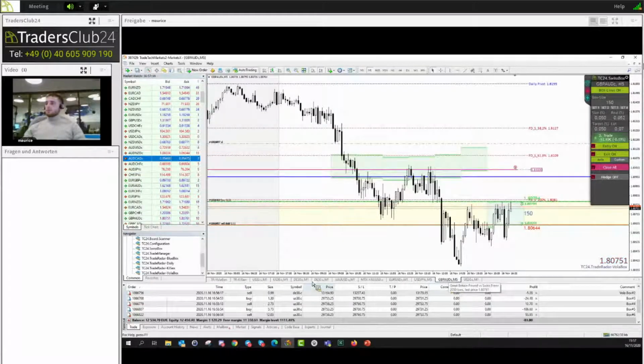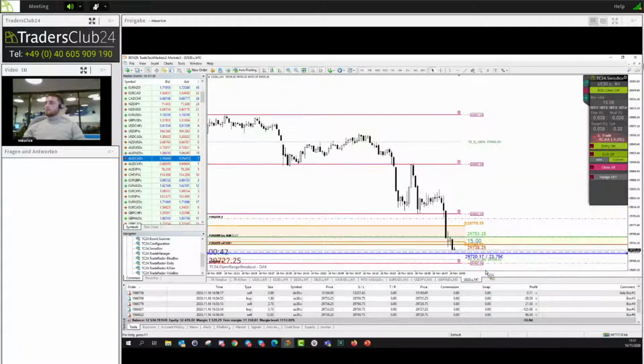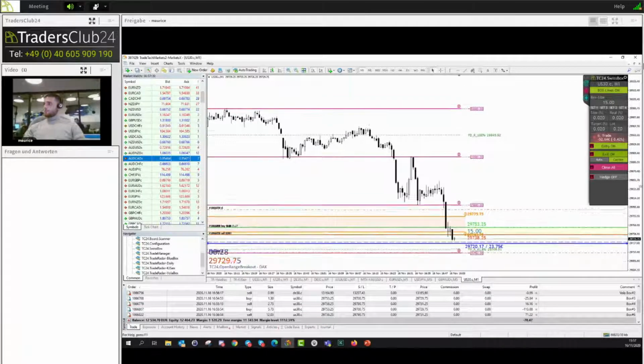GBP is moving a bit slow. Same with the DAX over there. And here we go. Bit of a hard resistance here.